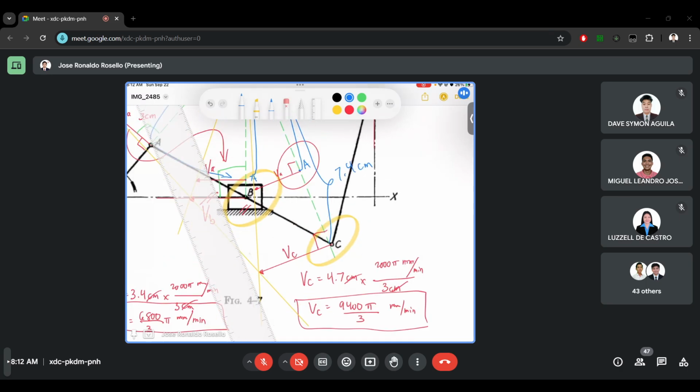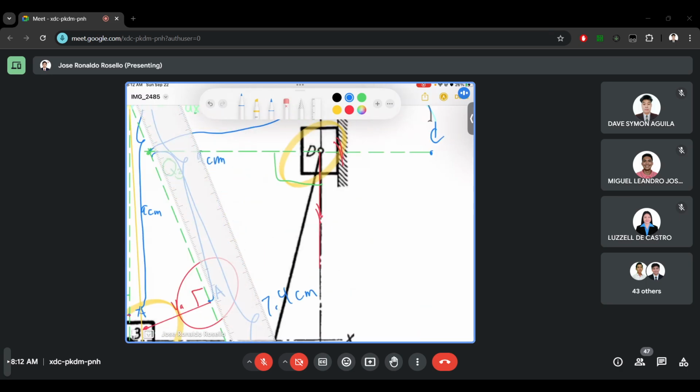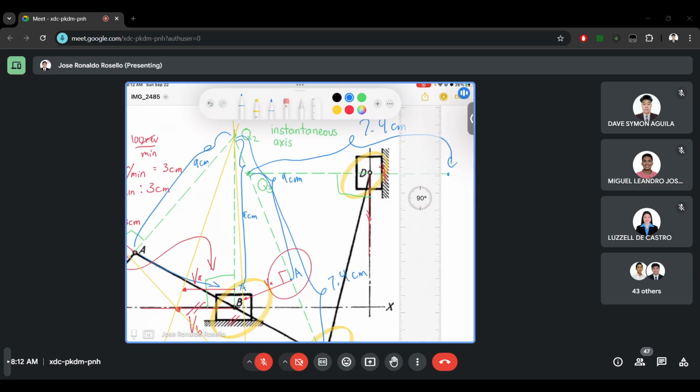The vector of velocity c is 4.7 centimeters. So let's just draw the vector of velocity c. 1, 2, 3, 4.7. So this is velocity c.